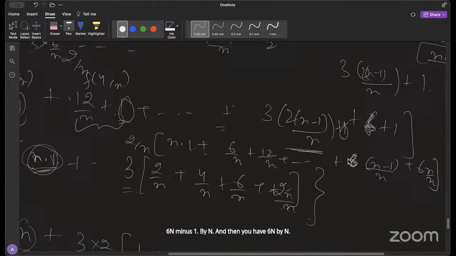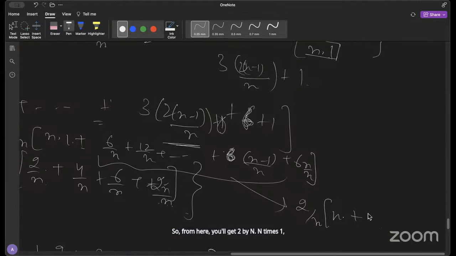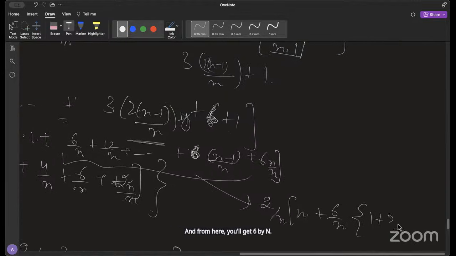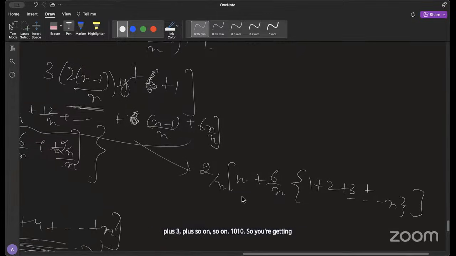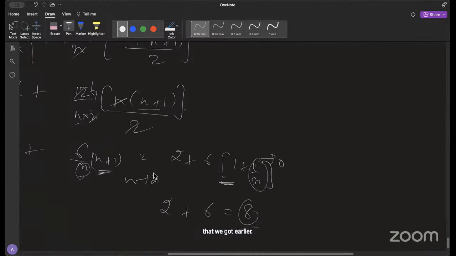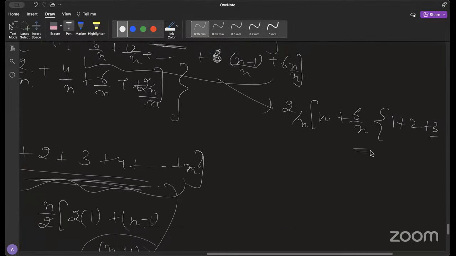So you can take 6 by n common from all of these terms. From here you will get 2 by n, n times 1, which is n only. And from here you will get 6 by n, 1 plus 2 plus 3 plus so on, till n. So you're getting the same thing that we got earlier. Here also we got the same thing, right?